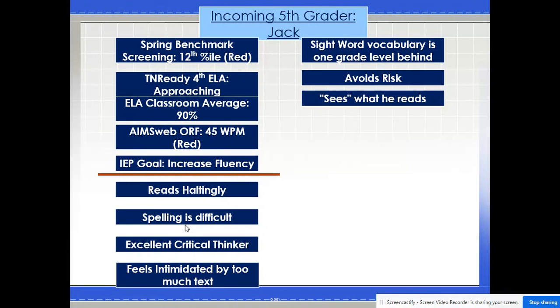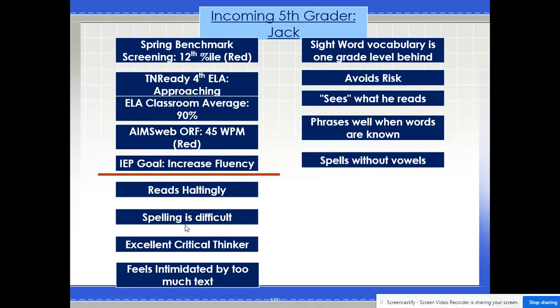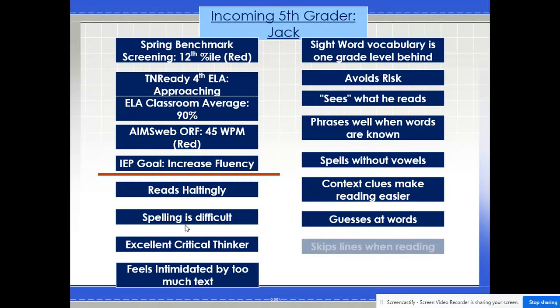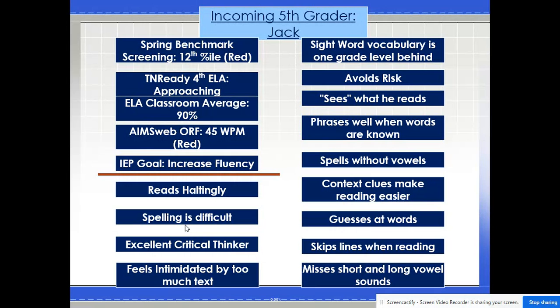He sees what he reads, so that means that he is visualizing what he does read. He phrases well when words are known. He spells without vowels. Context clues make reading easier for him. He guesses at words. He skips lines when reading, and he misses short and long vowel sounds.